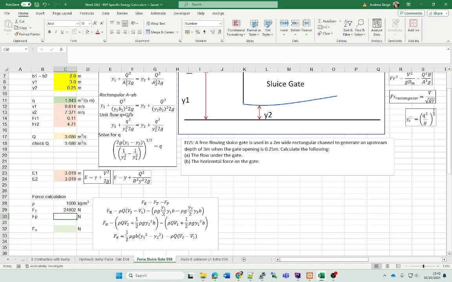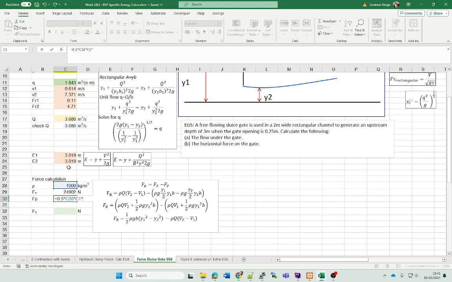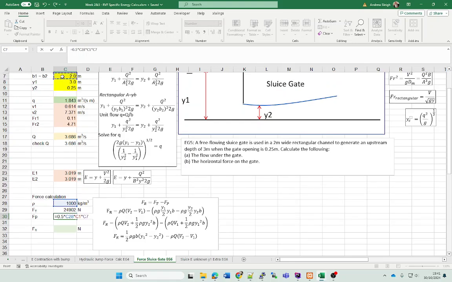Pressure force is this expression, so equals 0.5, the half, times rho times g times the width times the bracketed term, so it's y1 squared minus y2 squared. 87,697 newtons.